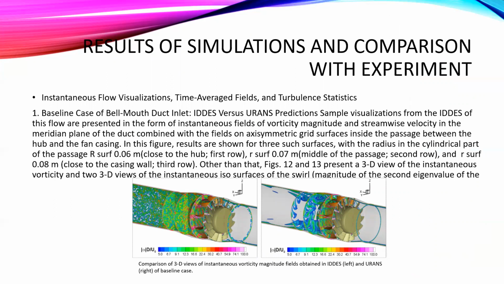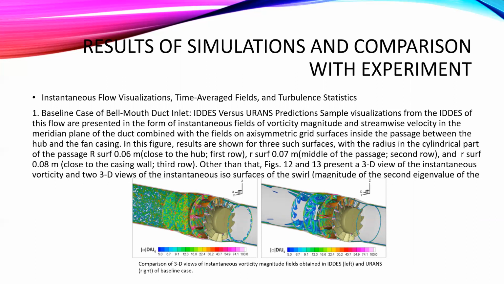Baseline case of bellmouth inlet duct, with IDDES versus URANS prediction. Sample visualizations from the IDDES of the flow are presented in the form of instantaneous fields of vorticity magnitude and streamwise velocity in the meridian plane of the duct, combined with the fields on an axisymmetric grid surface inside the passage between the hub and the fan case.